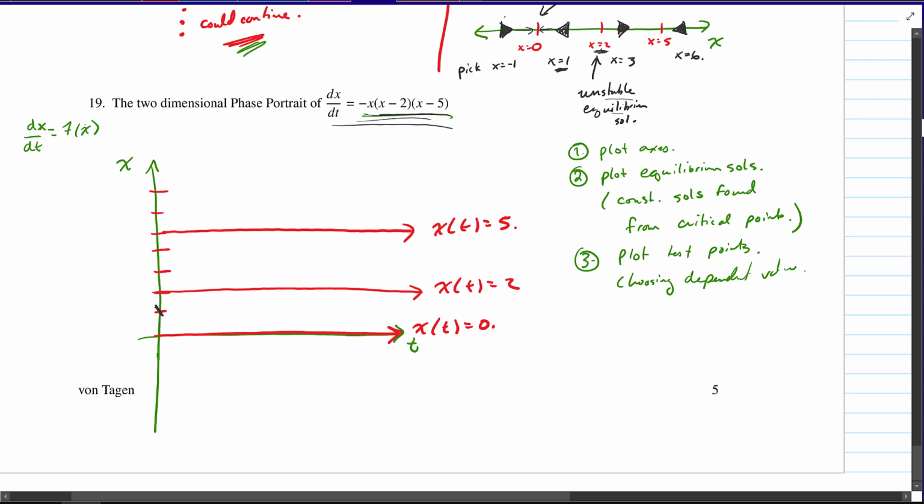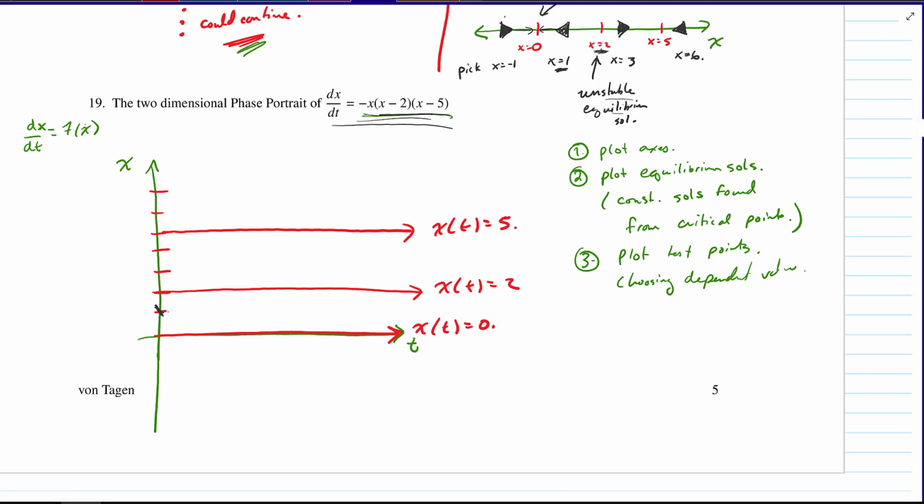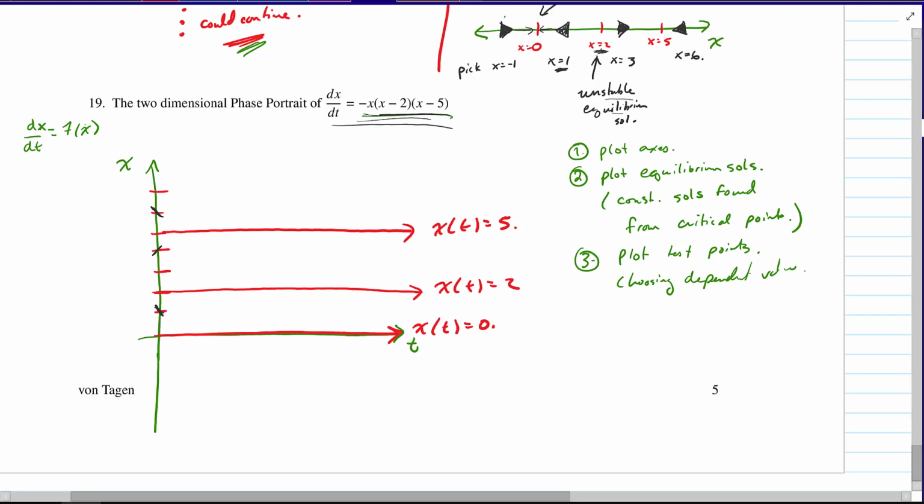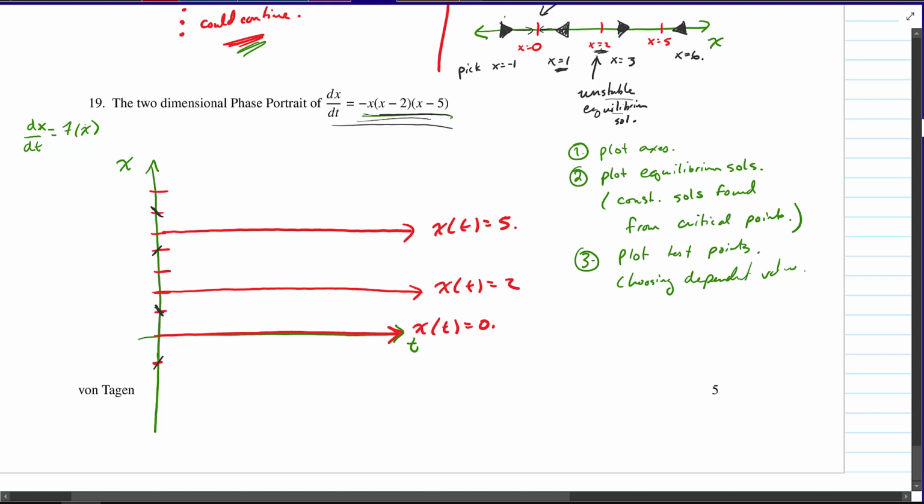So we know that when we plug in a 1, it's got to have a negative rate of change, meaning the slope of the tangent line there, that unit tangent line, has to be negative. Likewise, when we plugged in 3, we said it was positive. When we plugged in 6, we said it was negative. And when we plugged in -1, we said it was positive. I forgot to put -1 there, so let's put that up there. So there is -1, and we said it was positive.